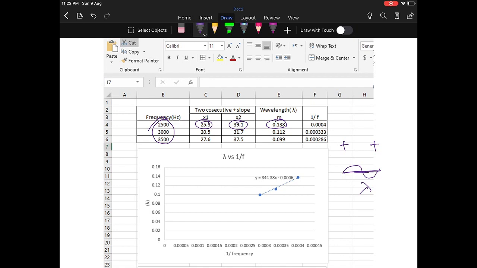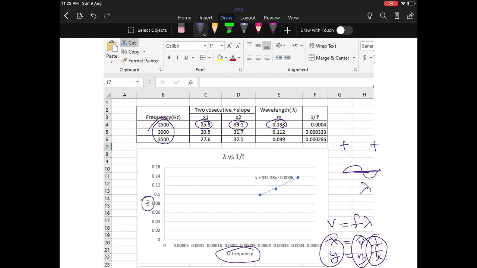From the equation V equal to F lambda, we plot lambda on the y-axis, so that we can write lambda equal to V into 1 by F. So it's like y equal to mx. On the x-axis I plot 1 by frequency, and on the y-axis I plot the wavelength lambda.